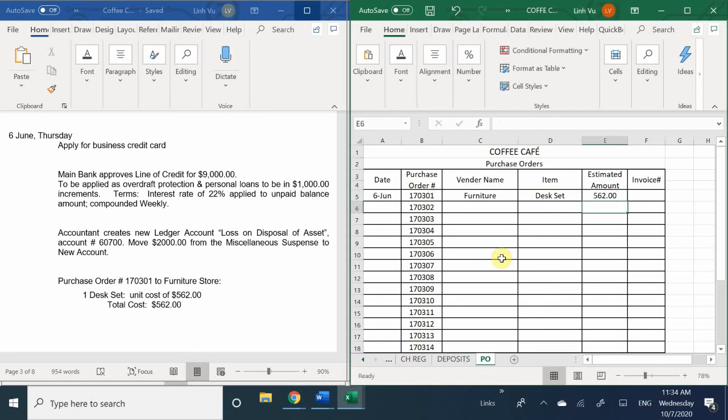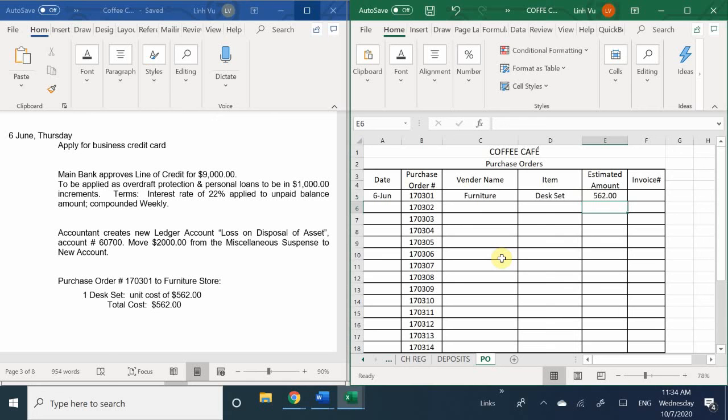562. Okay. Now, with that being said, this way, in case you have multiple items you're purchasing from the same exact store, this is also your point of reference to match your invoice with the actual item that you received, right? Because the bill is supposed to tell you that you bought this item for $562.